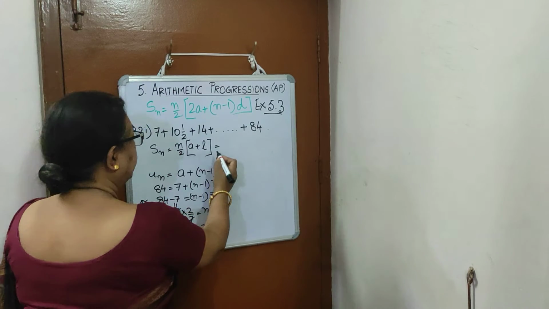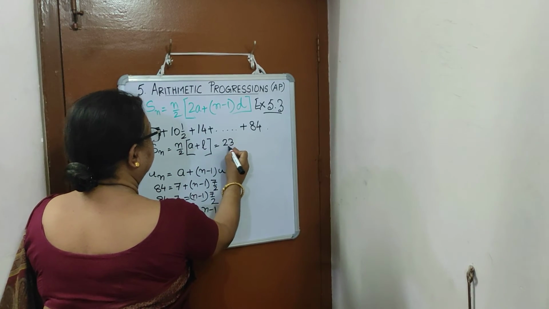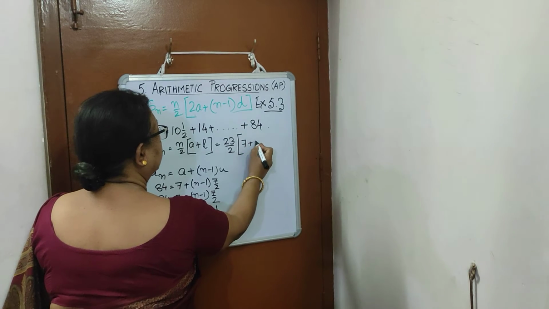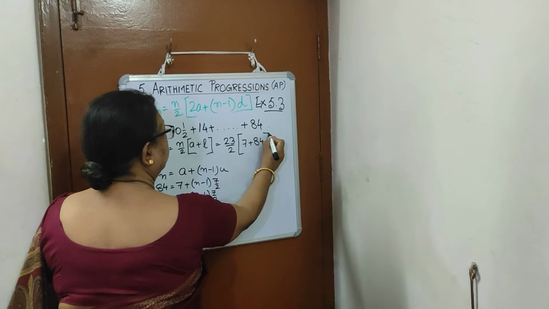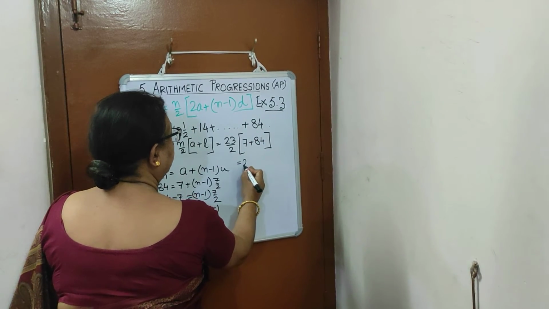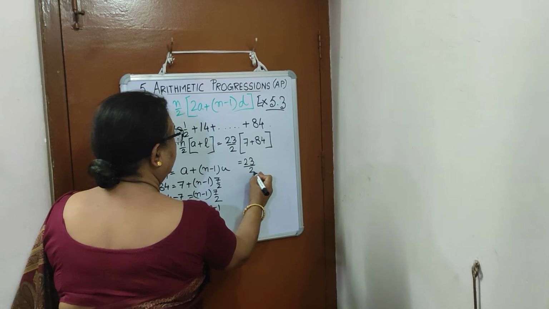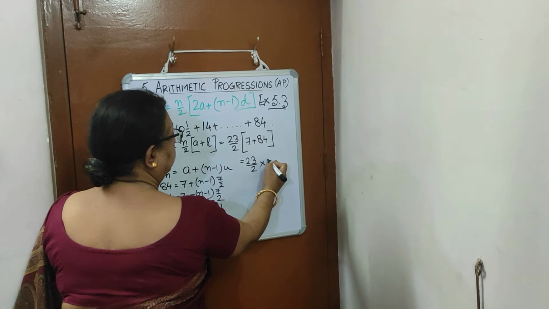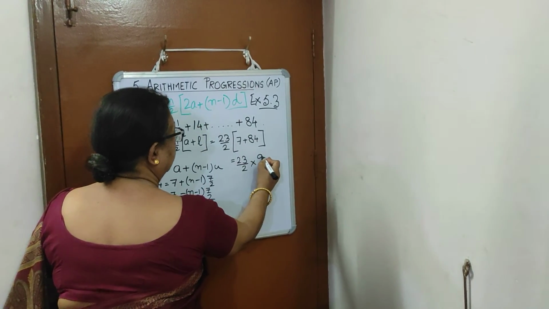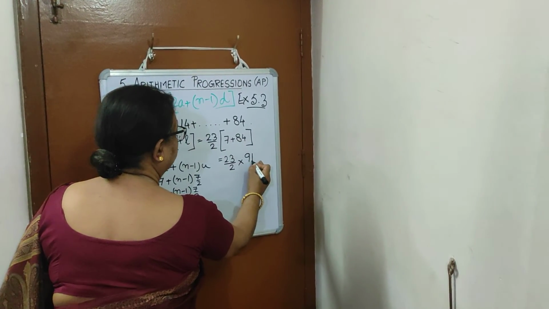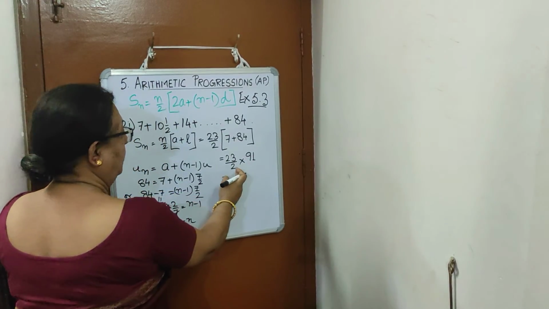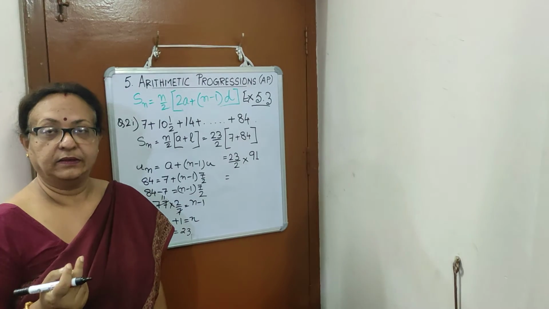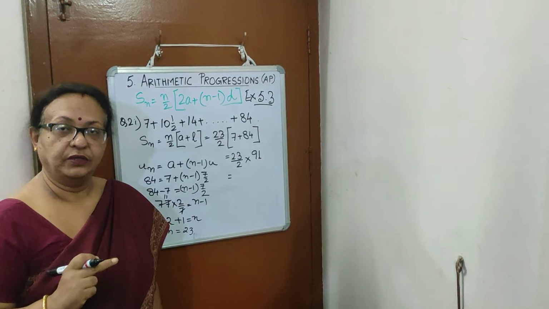We got 23. So you get 23 by 2 into 84 plus 7, that is 91. So now you can just multiply and get the answer. Okay children, understood? Okay, next.